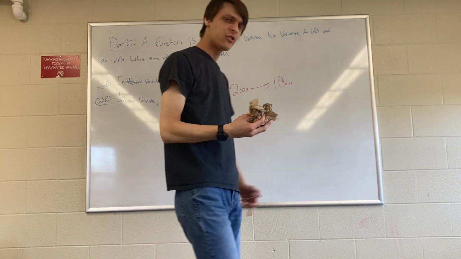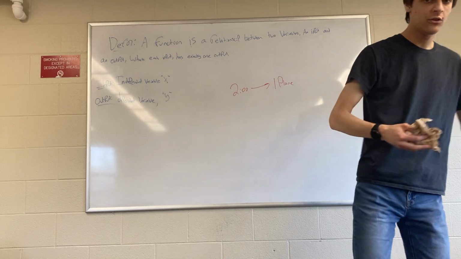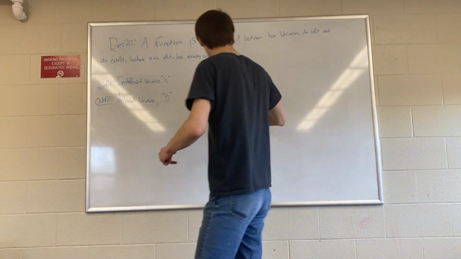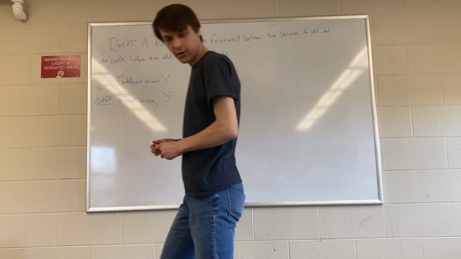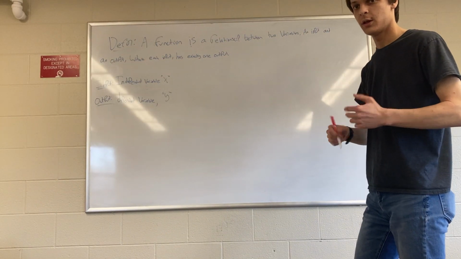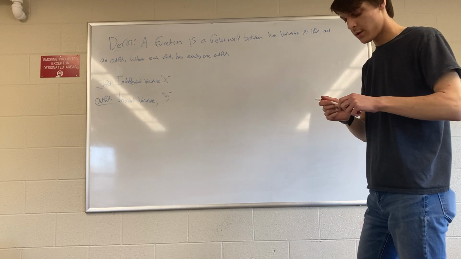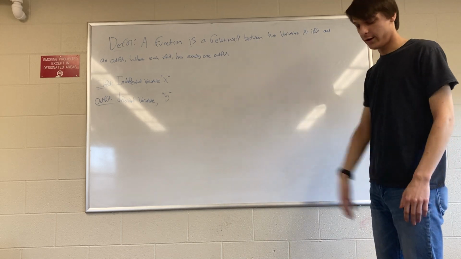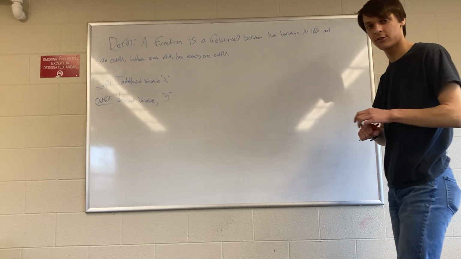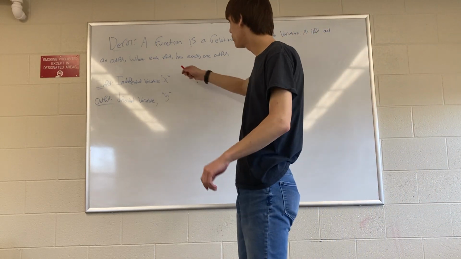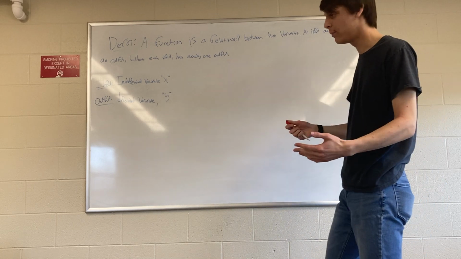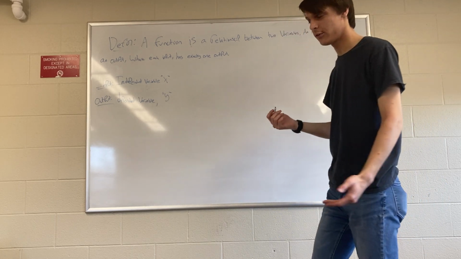And the last major place functions are used is in your science classes, such as physics or chemistry. In these classes, usually functions are used to represent real life things, like motion of an object. Like if I drop this marker right here, that can be a graph of a function in physics, where each input, which would be the time of its falling, would have one output, which would be the place where it's landing.